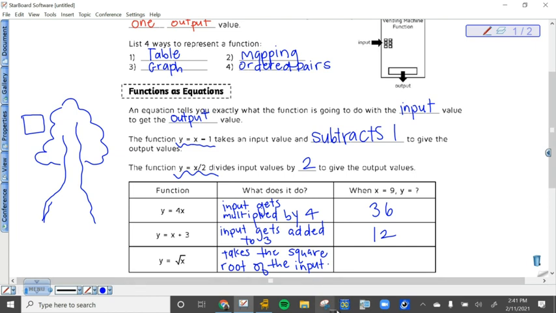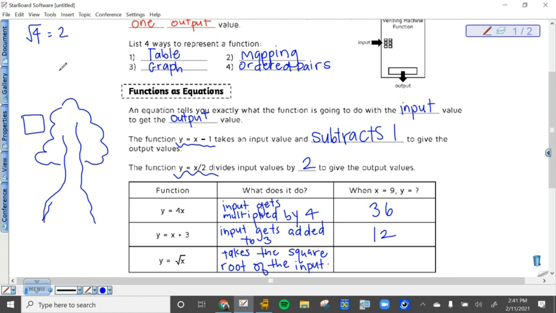And do we know what that means, the square root? Do you know what the square root means? How we find out what it is? No? Okay, so like the square root of 4 would be 2.